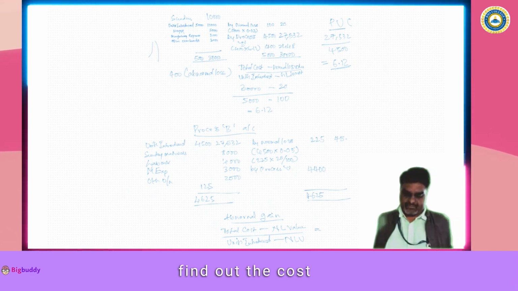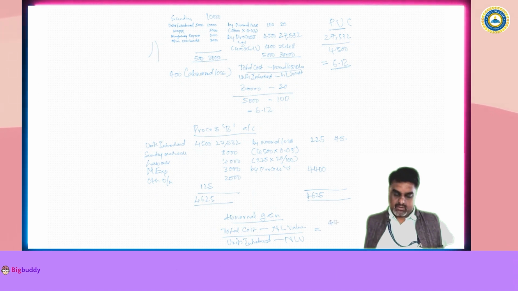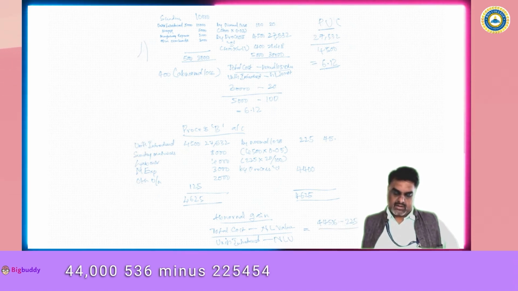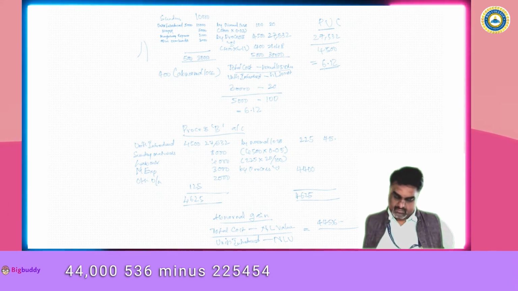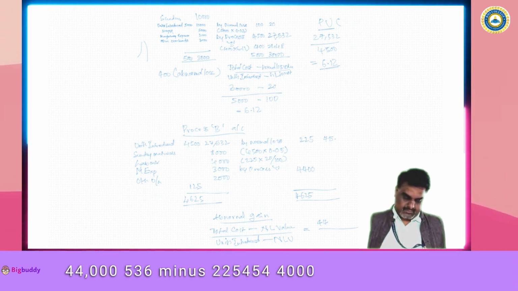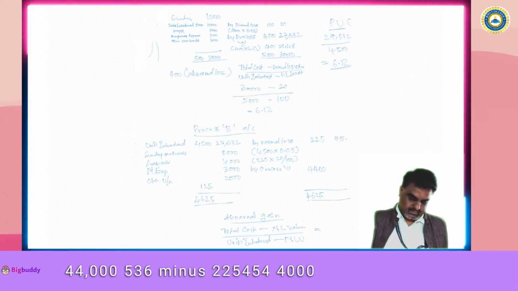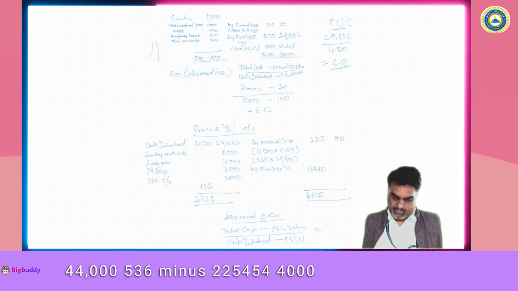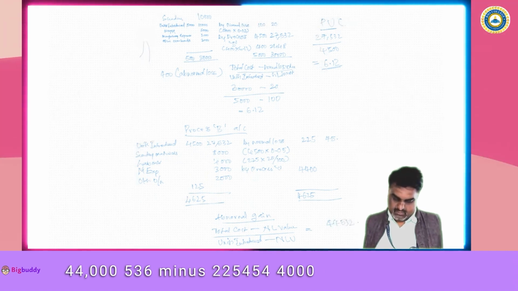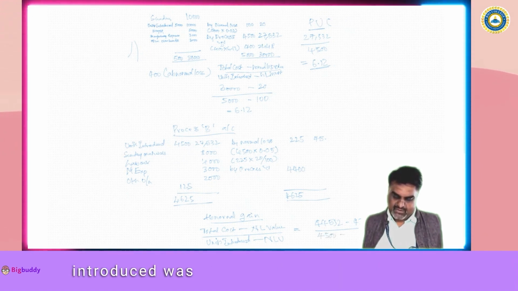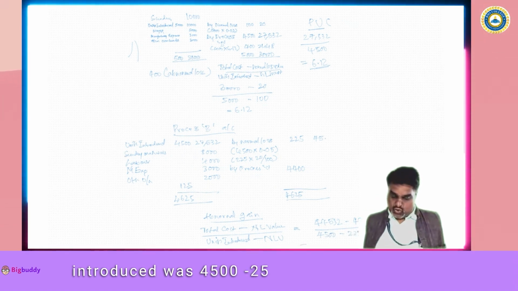How much? 44,536 minus 225 into 20 by 100, 45. 44,000 minus 45 divided by units introduced was 4,500 minus 225.